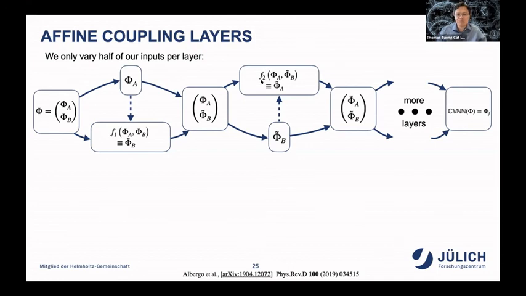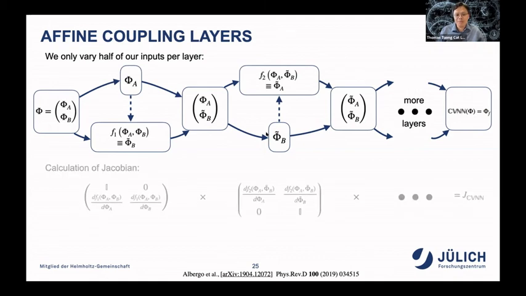For the coupling layer, we can choose whatever we want. We use a linear coupling layer, for example, and we can repeat this many times. This is what we use for our complex valued neural network here. The nice thing about the Jacobian of such a system, as we saw yesterday, is that it's triangular. In this case, it's lower triangular. In this case here, it's upper triangular, and so on.